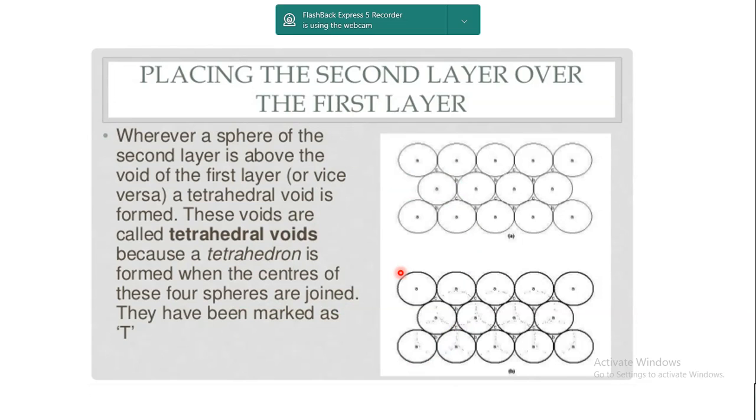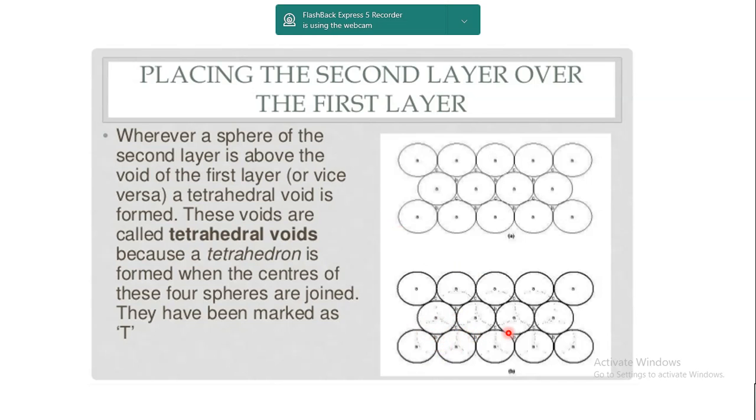Now the placing of the second layer over the first layer, we just saw in the video how the tetrahedral and octahedral voids were getting created when we place the second layer over the first layer. So this is giving birth to the hexagonal closed pack structure in 3 dimensions. Wherever a sphere of the second layer is above the void of the first layer, in the earlier case we were talking about the depression, but now when I form a first layer in 3 dimensions, that will give birth to voids, and then I place the second layer over the first layer.